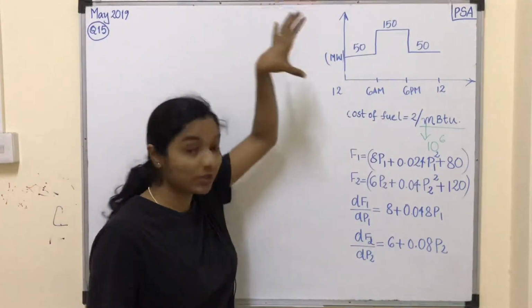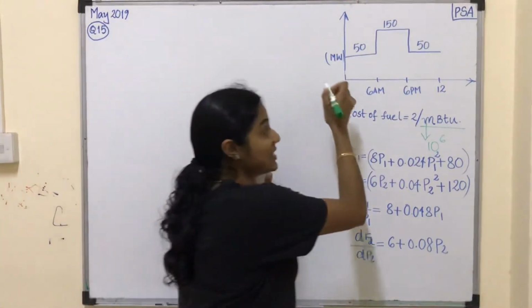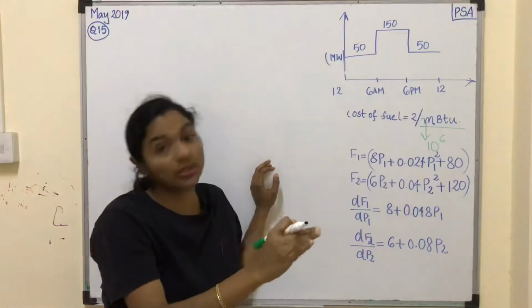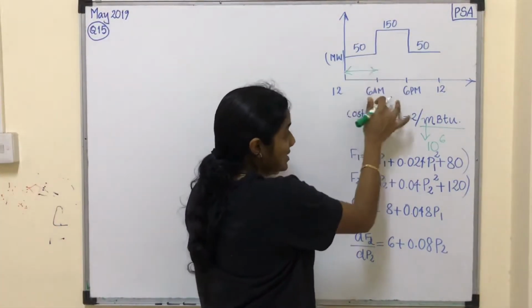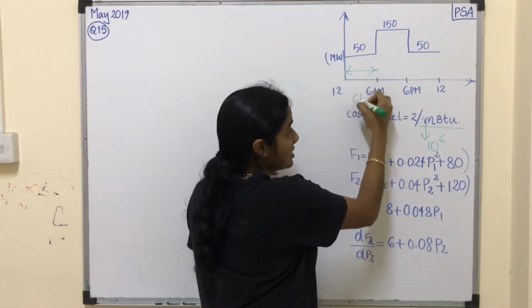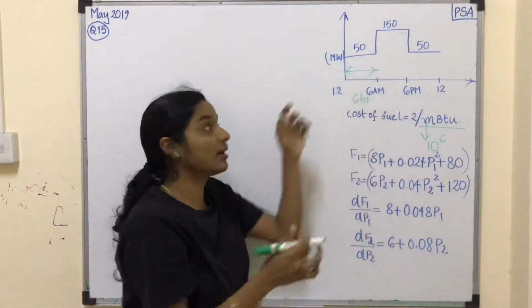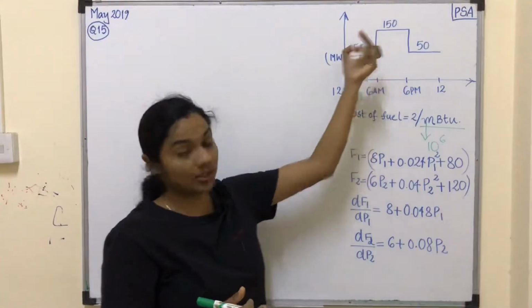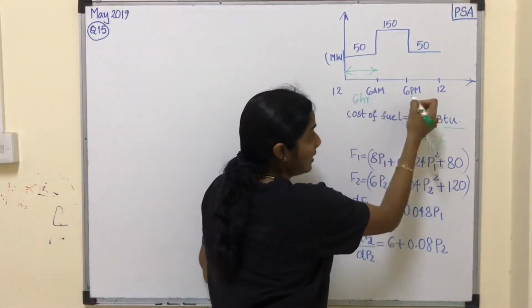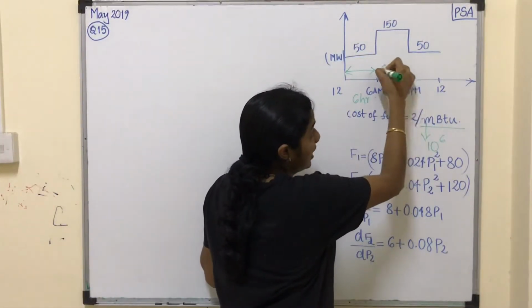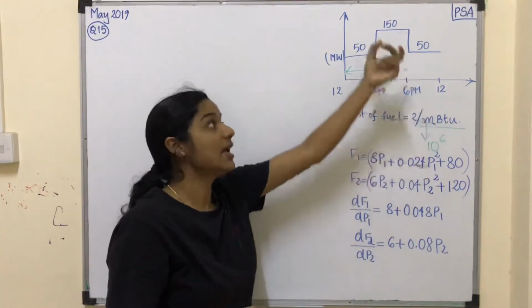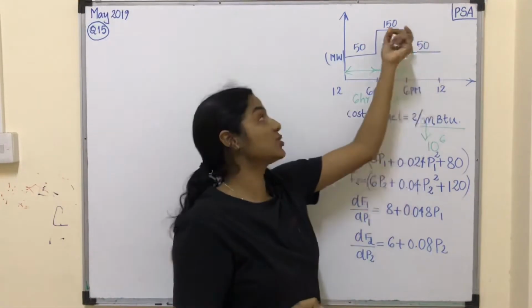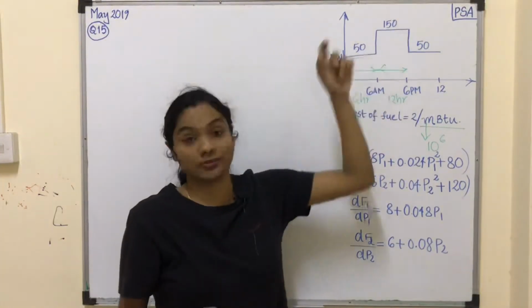Here they have given the load. This is the load they are applying to our units 1 and 2. During 12 to 6 am, that is 6 hours, they are consuming 50 megawatt load. From 6 am to 6 pm, a duration of 12 hours, the units are consuming 150 megawatts of load.